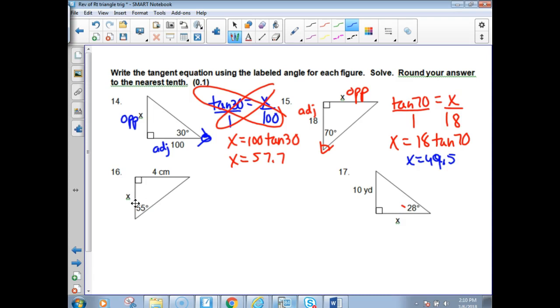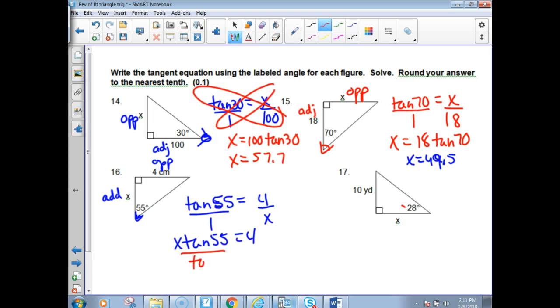Then the next one, you're coming from the 55, you've got your opposite leg and your adjacent leg. Same problem, except x is in the denominator, so you have to be careful about how you calculate that one. 4 over x, treat it like a proportion. Cross products are going to give you something different than the last two. We're going to have x times the tangent of 55 equals 4, and then you need to divide both sides by the tangent of 55.